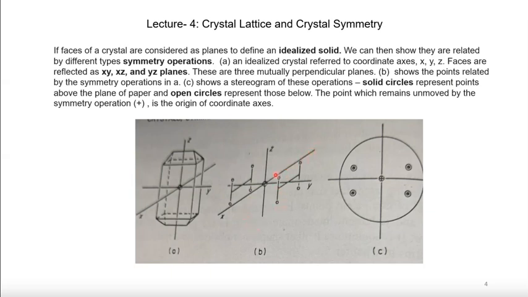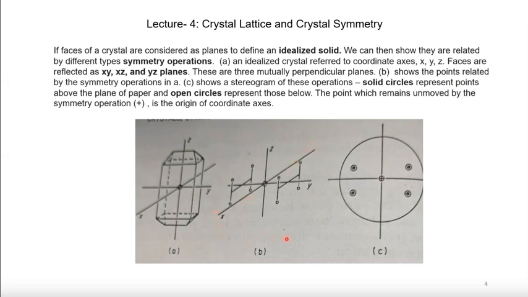If we have a symmetry operation along this x-axis, we have the points which are related here. So this is a mirror plane. We get this group of points exactly equivalent to this group of points due to a mirror plane.